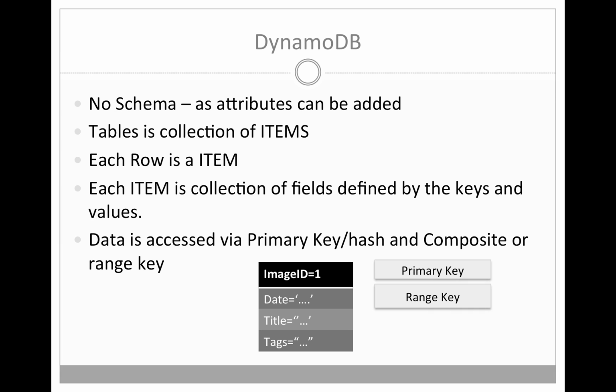I can still get the entity using the primary key. So I can say, get me this entity using the image ID with image ID equal to 1. Or I can run a query where I can say, get me all the entities where the range key, where the specified date, is between these ranges, and I can use that element to actually get the data set.